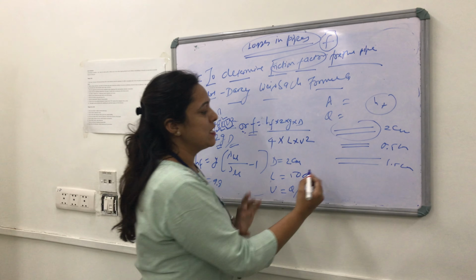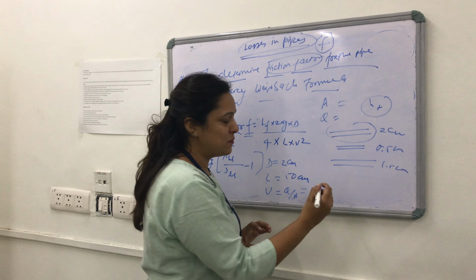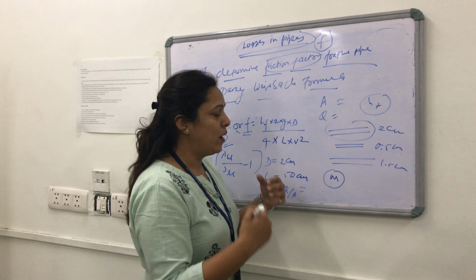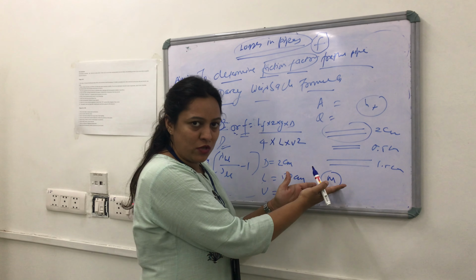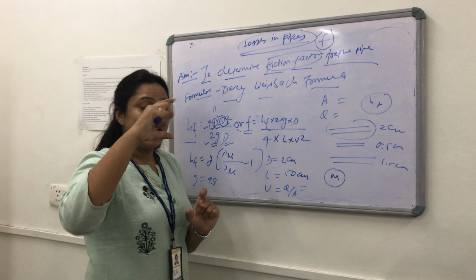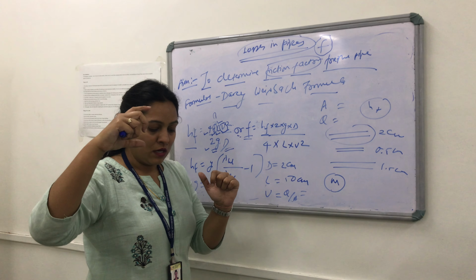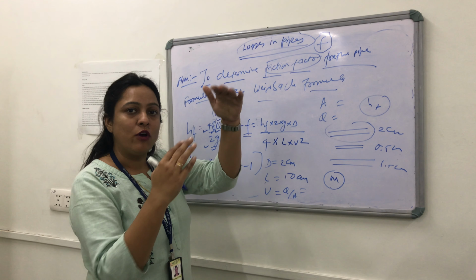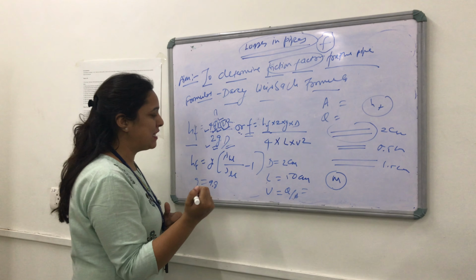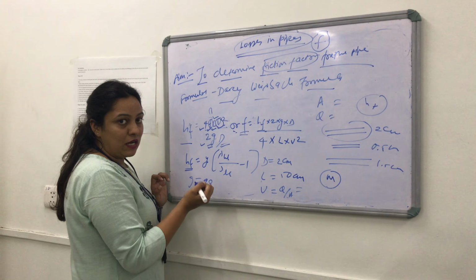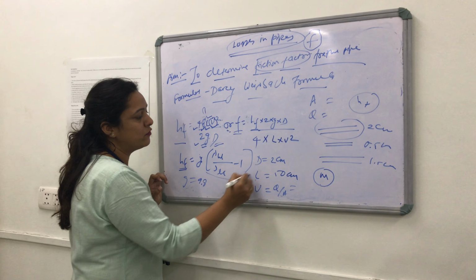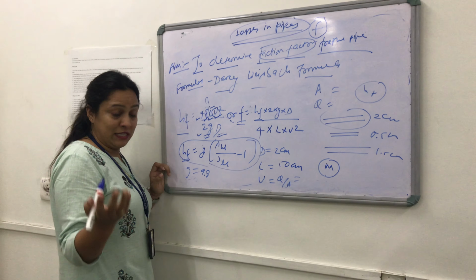Head losses means some kind of head, so it will be represented in the form of meter or mm or inch or whatsoever, basically in the dimensions of length. This hf we are going to obtain with the difference in the height of the mercury in the left and the right limb, which we just saw while performing the experiment. So this hf we are not going to write directly, we will be finding it with the help of the formula which we have discussed in the class also.